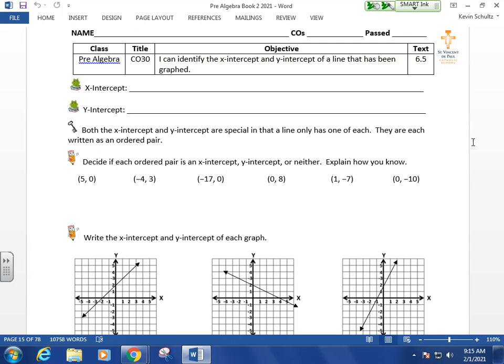The X-intercept is where a line crosses the x-axis. On a coordinate plane, it's where a line crosses the x-axis. That is the X-intercept.